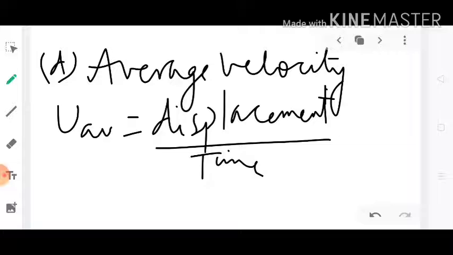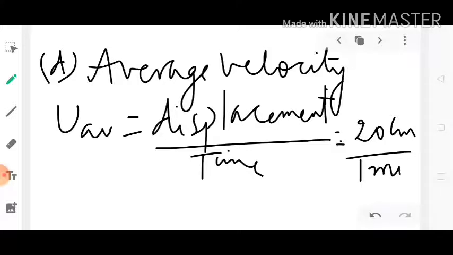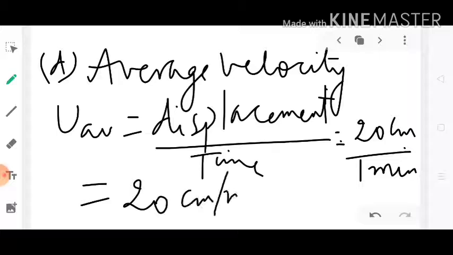So what is the displacement? 20 centimeter. And what is the time? 1 minute. So 20 centimeter divided by 1 minute. So that will give you 20 centimeter per minute. So that is the average velocity, and it is in the direction from A to B.